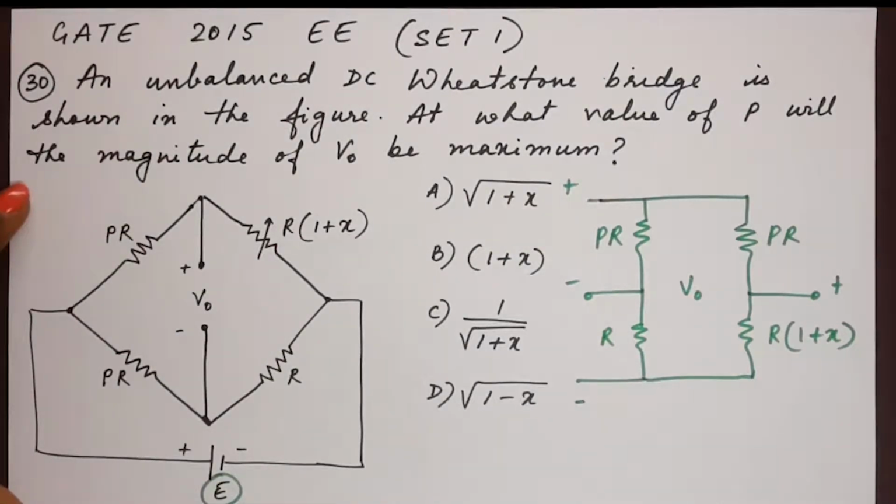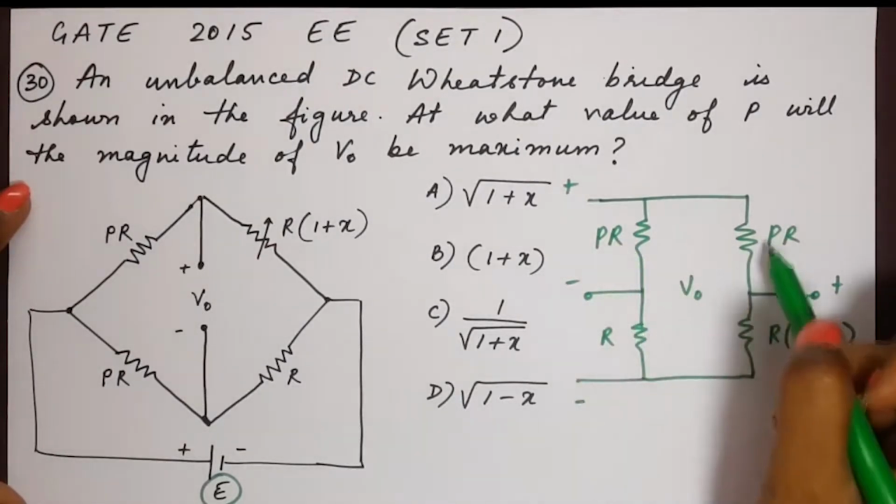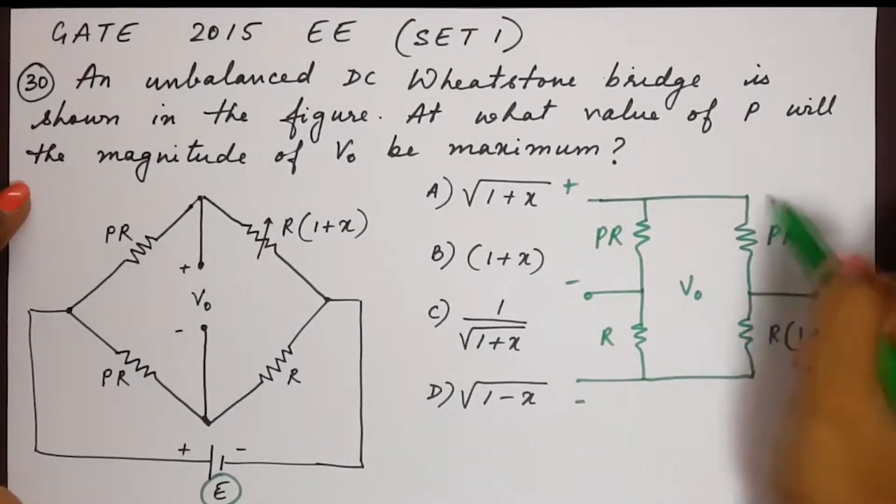as E. Okay, so the question tells us that we need to find out the value of P such that the magnitude of V0 is maximum. So in order to do that, let's first write down the expression for V0 using the resistances given to us. Let's use the concept of voltage division. V0 in terms of all four resistances, let's take one side first.